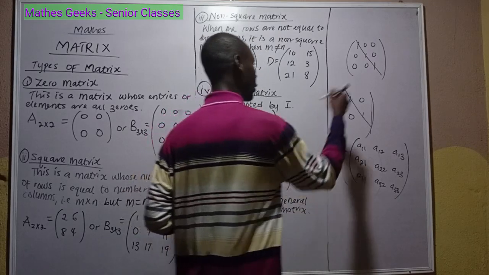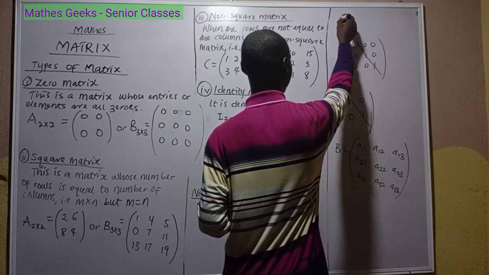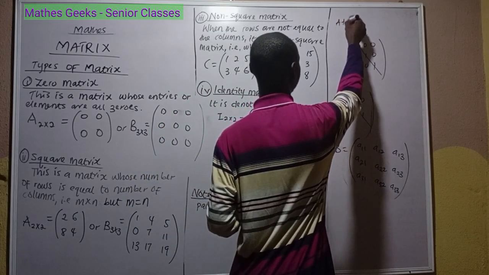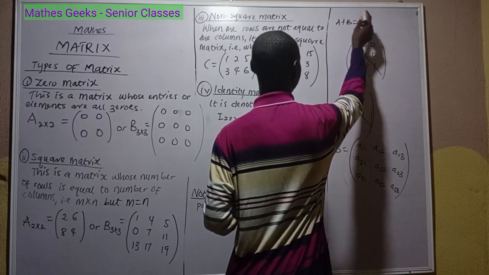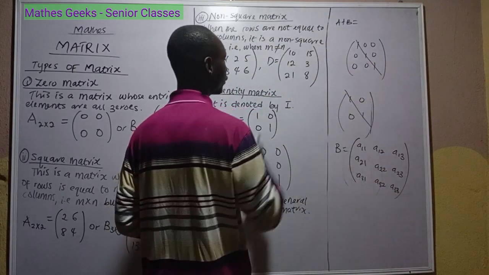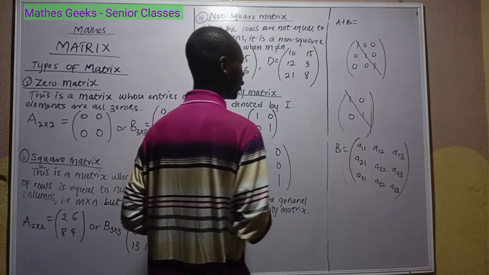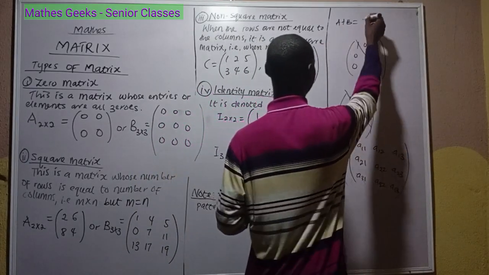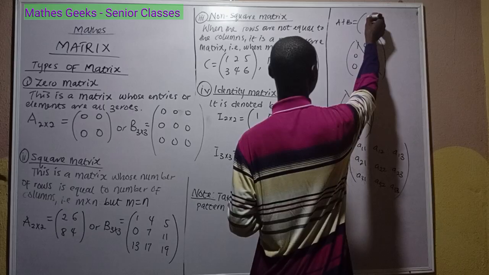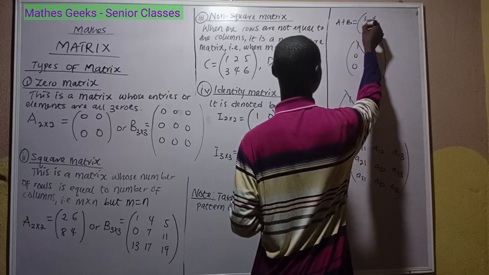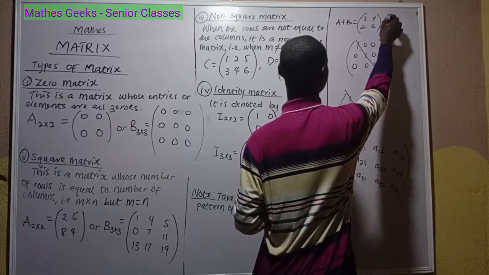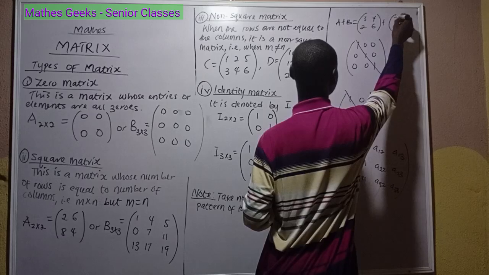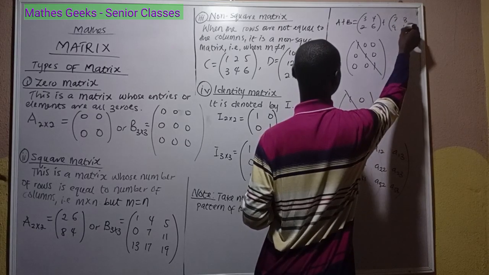So for instance, you're going to carry out an addition operation, matrix A plus matrix B giving matrix E. You're going to do this in the next video, where I'm going to talk about addition of matrices. So if matrix A is 3, 4, 2, 6 plus matrix B, 7, 8, 9, 10.